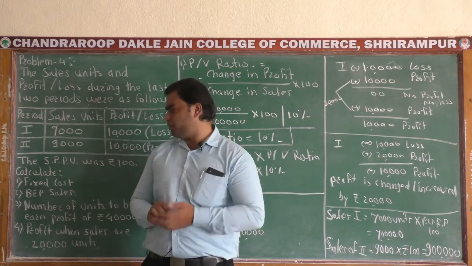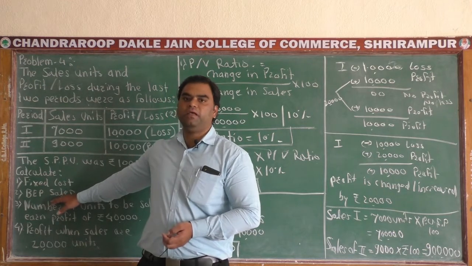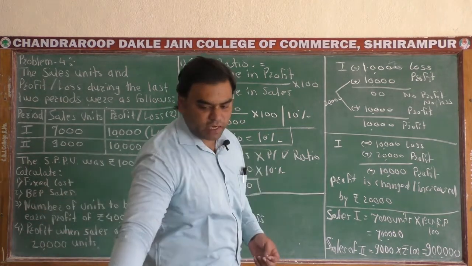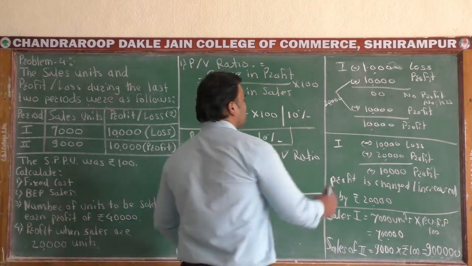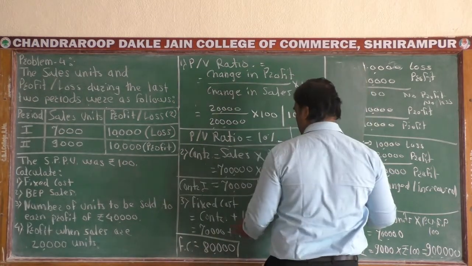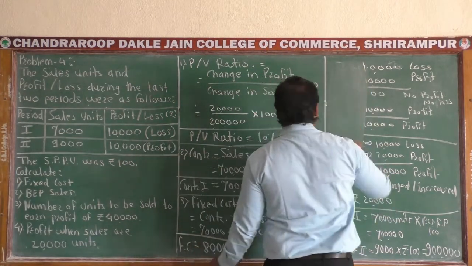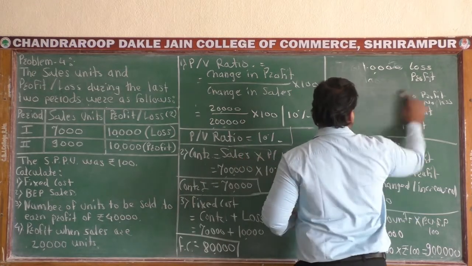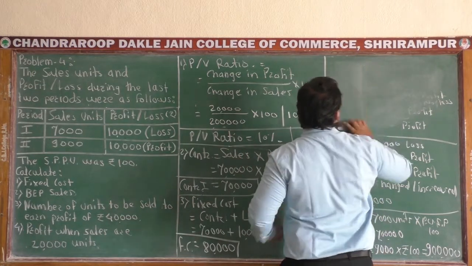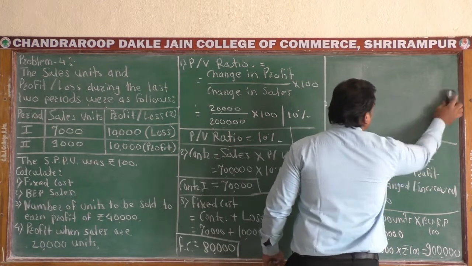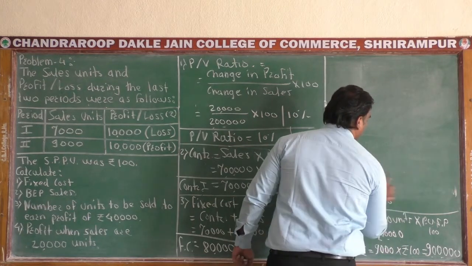Now we are going to calculate the second item, BEP sales. How to calculate the BEP sales? We have the amount of fixed cost and we have PV ratio also. We are going to utilize the amount of fixed cost as the amount of contribution at BEP level.